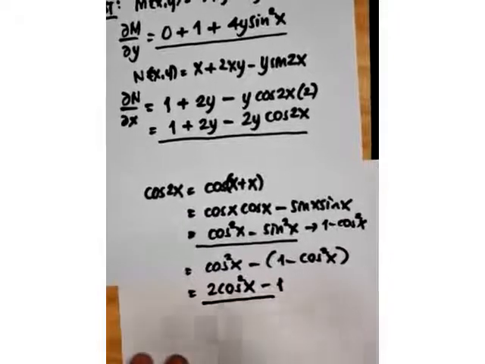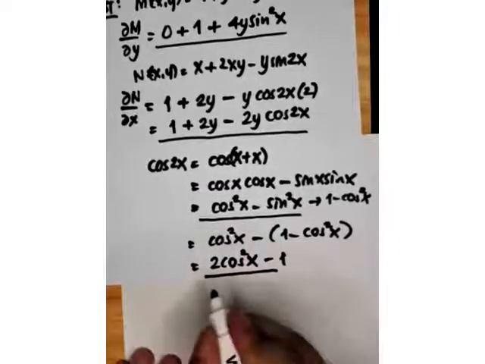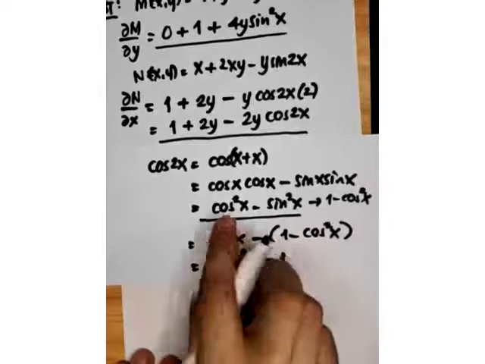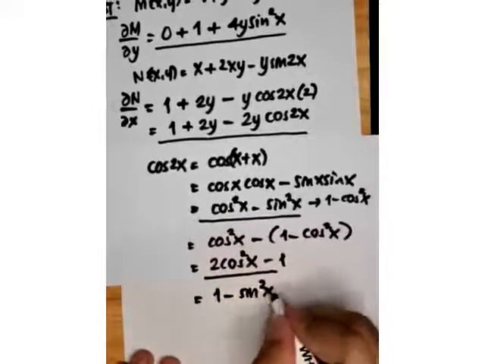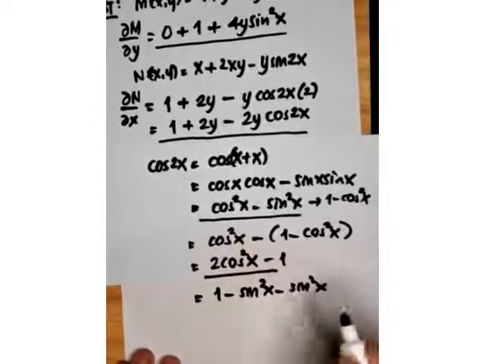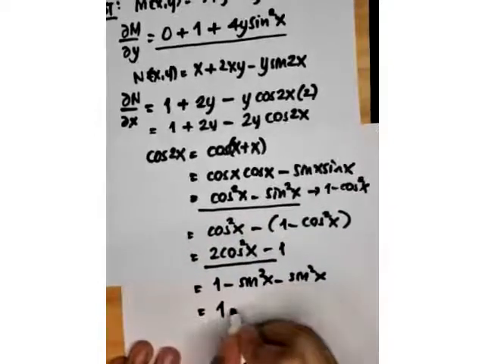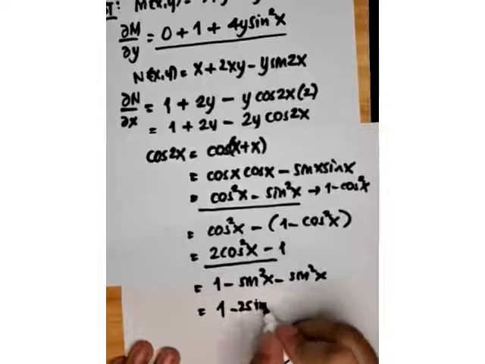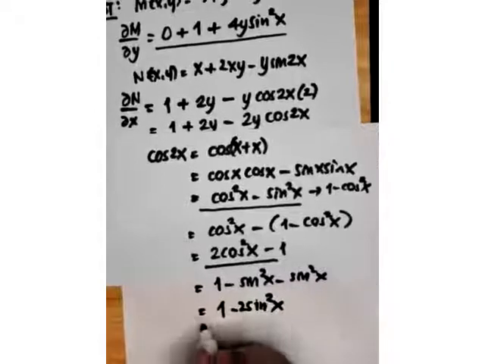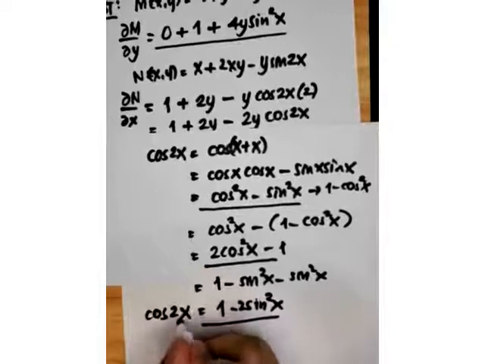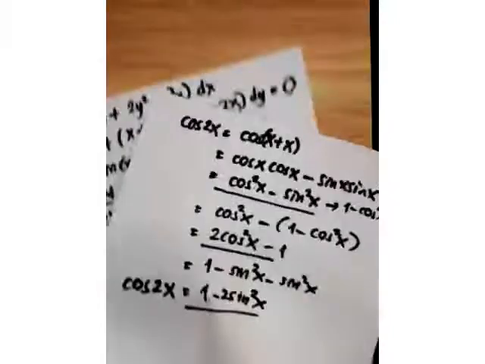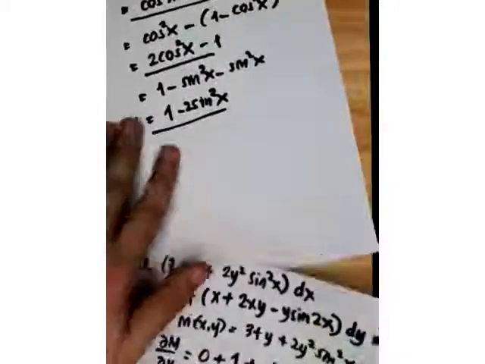So this is the second one. And the third one is the reverse. Here we convert cosine squared: 1 minus sine squared x minus sine squared x. So that's equal to 1 minus 2 sine squared x. So I think this should be it, the last one. The last one is the identity we will use.